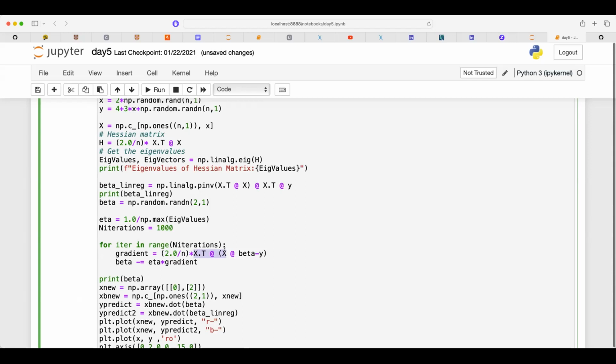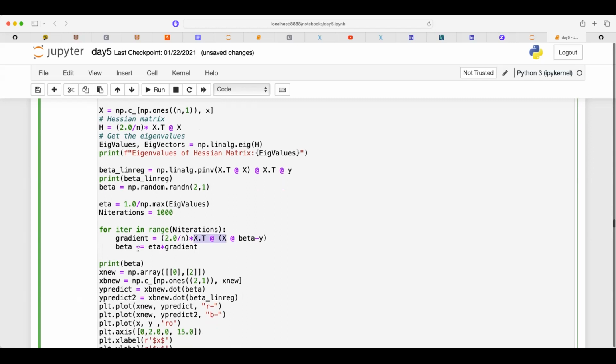This is also one of the reasons why one normally splits the calculation of gradients in smaller batches. These are called mini batches, and it's used in stochastic gradient descent. So here we are calculating the full gradient. And if you have lots of data, this becomes computationally expensive, especially if you have many beta values.